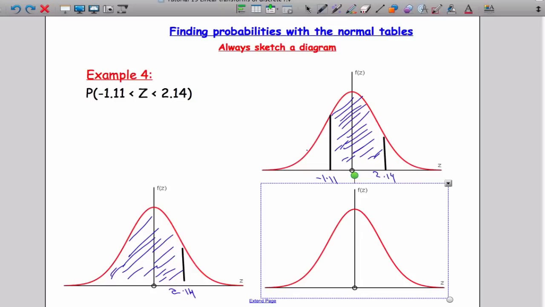So I won't be able to work out minus 1.11, but I will be able to work out positive 1.11. So that's 1.11 there, and I can work that probability out.